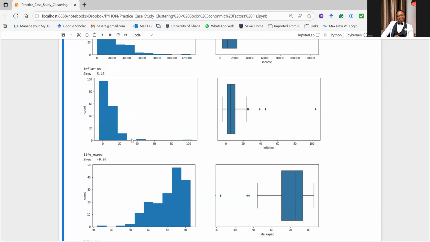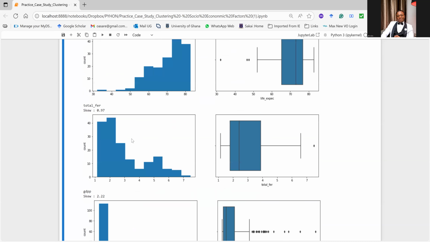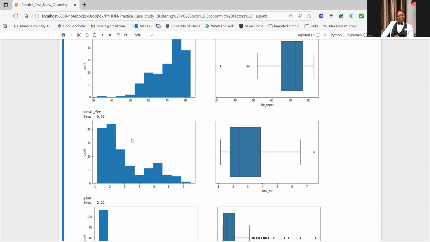What do you see about the life expectancy outliers and the rest of the other outliers? Who can spot something? Pascal: For most of the other variables, the outliers are at the upper quartile, whilst the life expectancy is at the lower quartile.